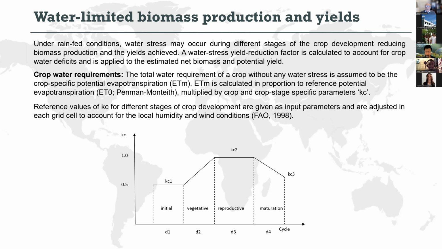The crop water requirement is calculated in relation to crops' potential evapotranspiration. For reference potential evapotranspiration, the system uses the Penman-Monteith method, and that is for each of the days in the crop cycle multiplied with what is called a KC factor that relates the crop- and stage-specific potential evapotranspiration to the Penman-Monteith reference evapotranspiration.